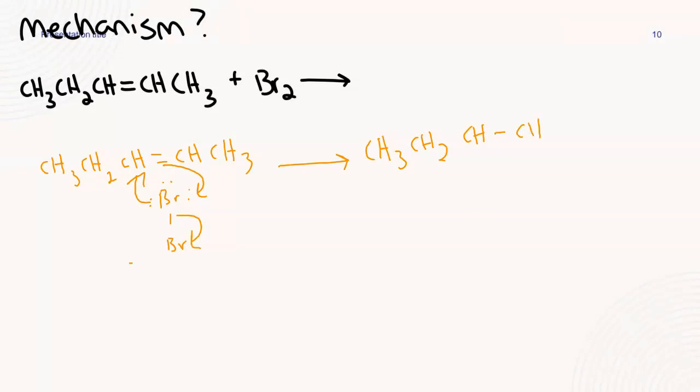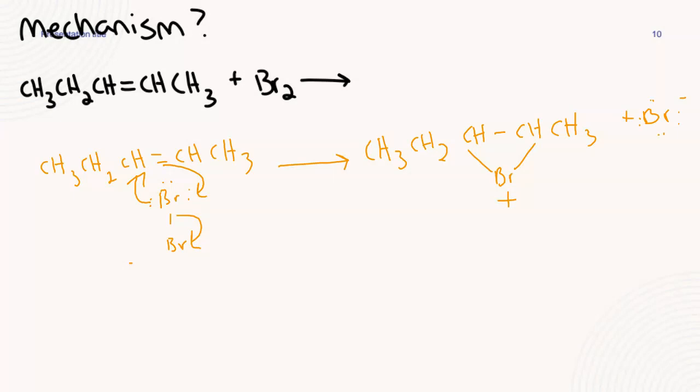So I broke the double bond, and now both of these carbons are bonded to this bromine. And now this bromine has one too many bonds, so that's a positive charge. And then I have the other bromine anion.